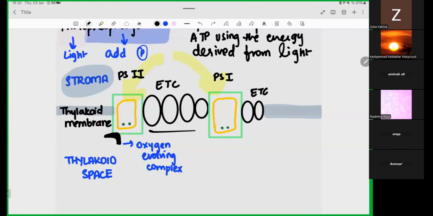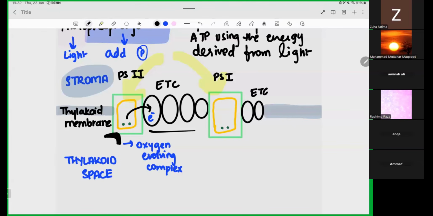The chlorophyll A pigment absorbs the light energy, it absorbs photons, and when it absorbs photons, it goes into a state of excitation. And when it gets excited, it loses its electrons. And these electrons are picked up by the ETC. So the electrons that the chlorophyll A pigment has lost due to photoactivation or due to excitation would enter the ETC.